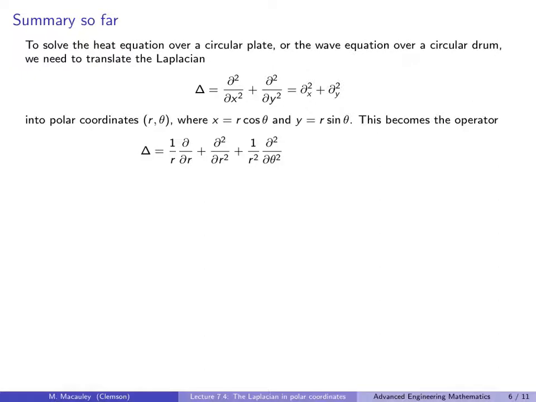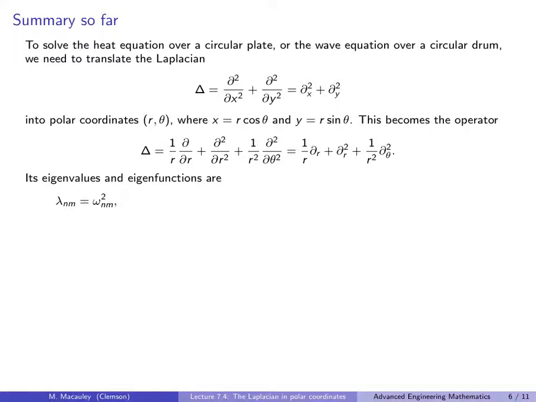This becomes the following operator: d squared dr squared plus 1 over r times d dr plus 1 over r squared d squared d theta squared. And here's a slightly shorter way to write it, if you prefer. There is a 2-parameter family of eigenvalues of the form lambda nm, which is omega nm squared.